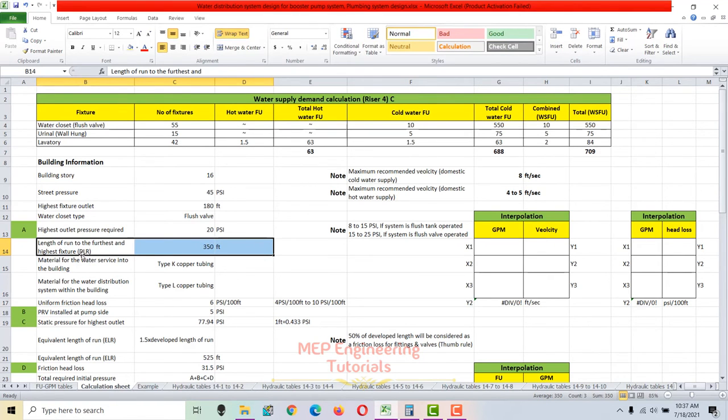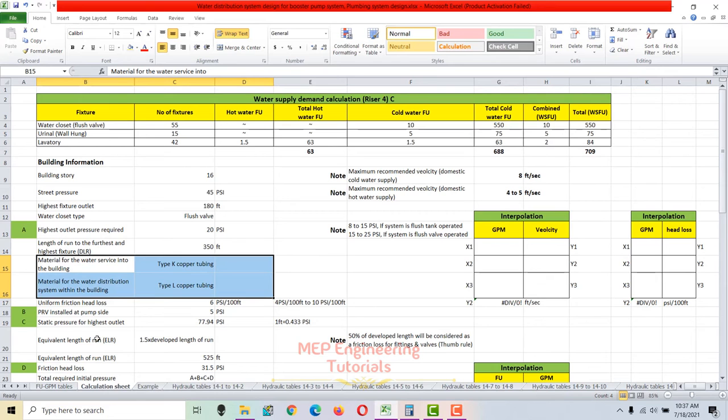DLR. Then material, this is also very important. Based on material, these hydraulic tables are prepared. You can see here from table 14-1 through 14-12, there are a total of 12 tables I have used here for sizing. So material for water service into the building is copper K tubing.